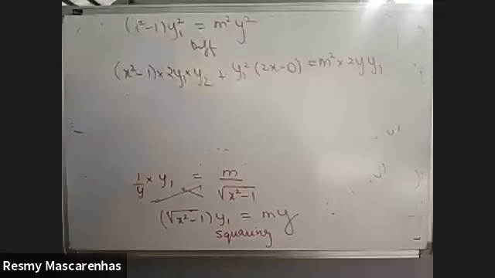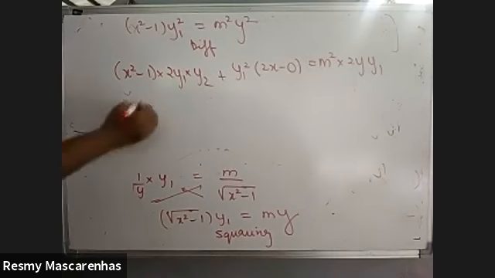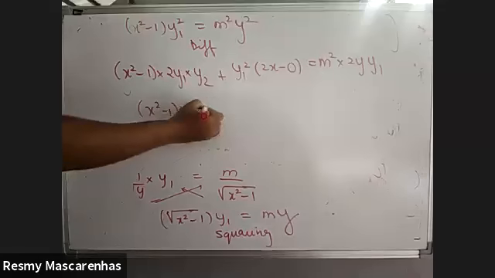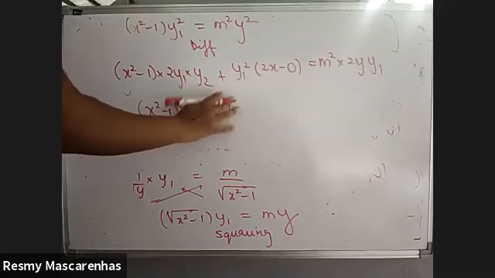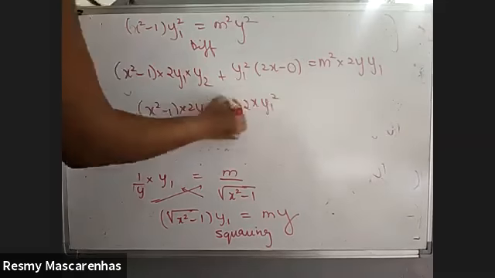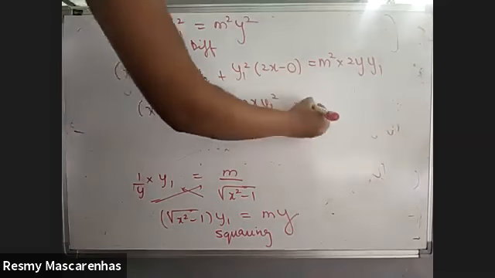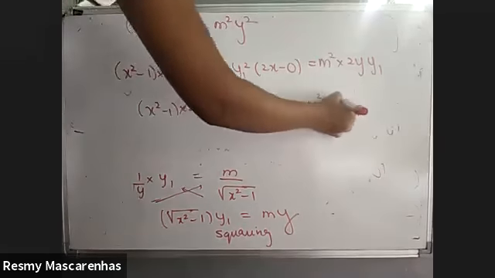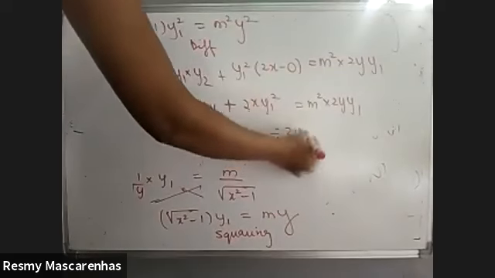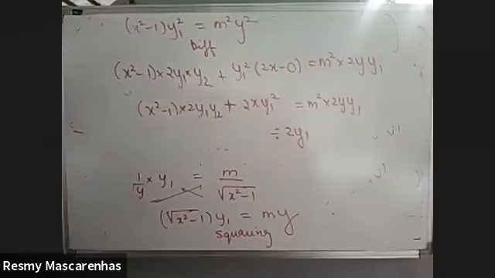Then simplify, divide by 2y1, and you should get the answer, whatever is told. Divide throughout by 2y1.